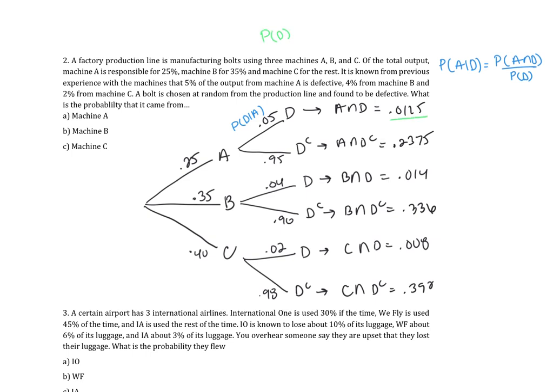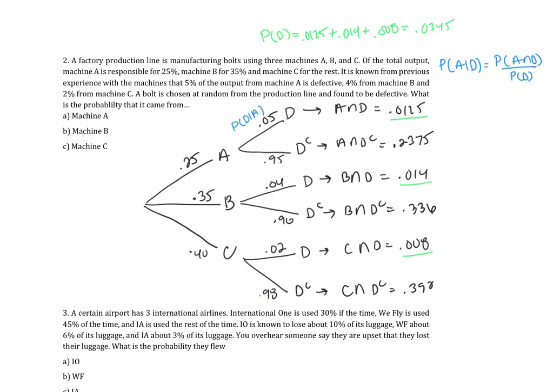That's 0.0125 plus 0.014 plus 0.008. And that's going to be 0.0345.